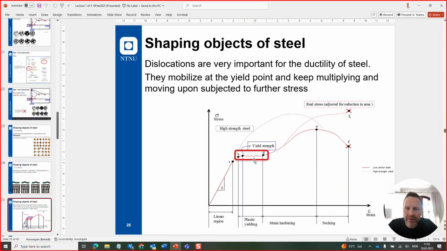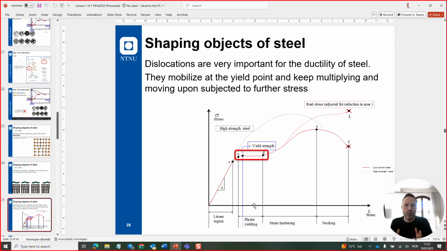They are mobile and being activated, and you are at the yield of the steel, but as you see on the curve, you're not putting more stress into it, but you're getting a whole lot of yield, a lot of strain, deformation, elongation. That's what you're producing at the same stress level because the dislocations are activated.